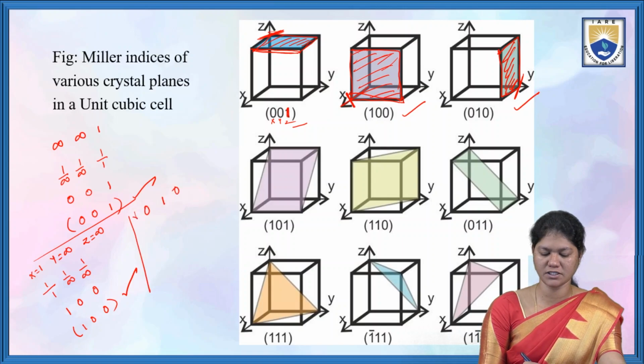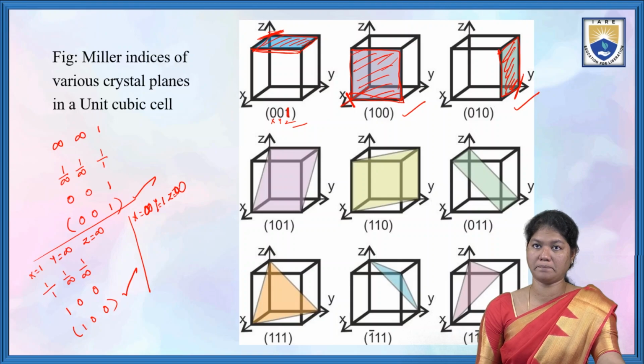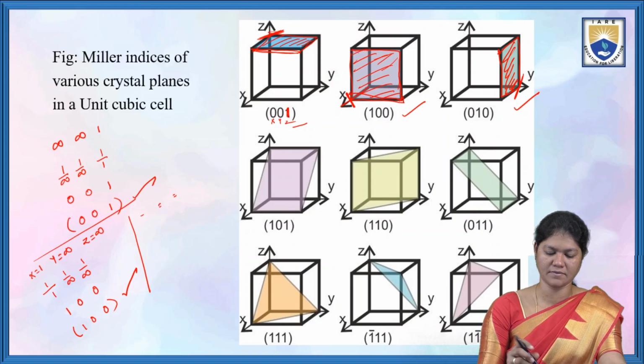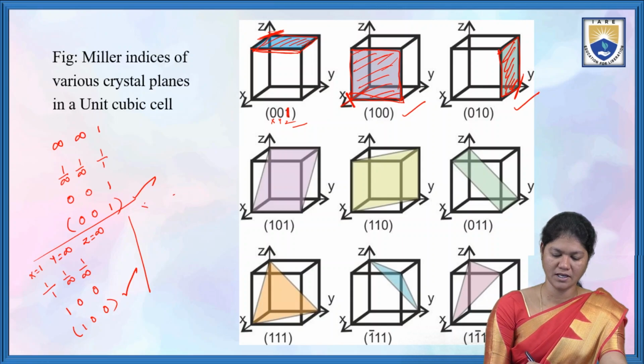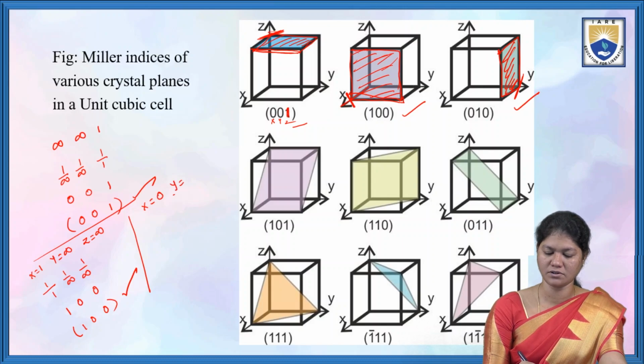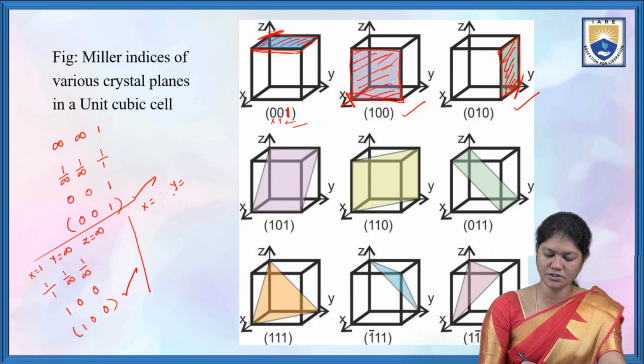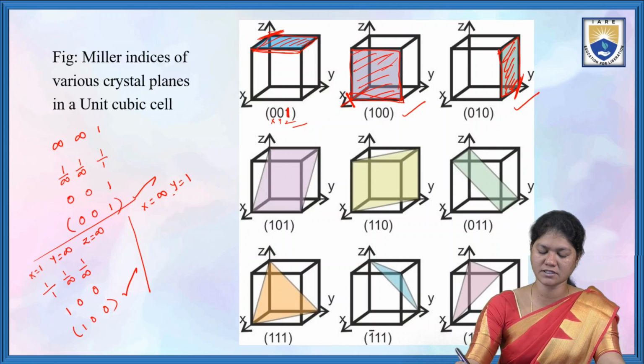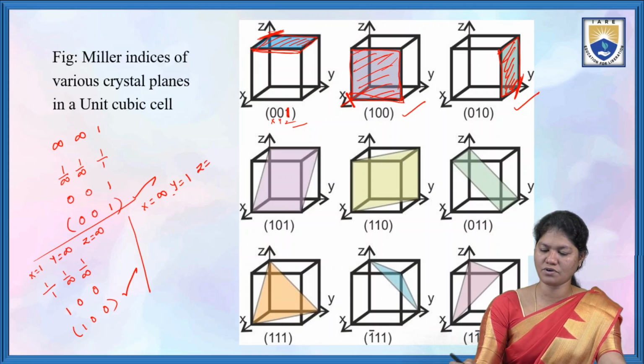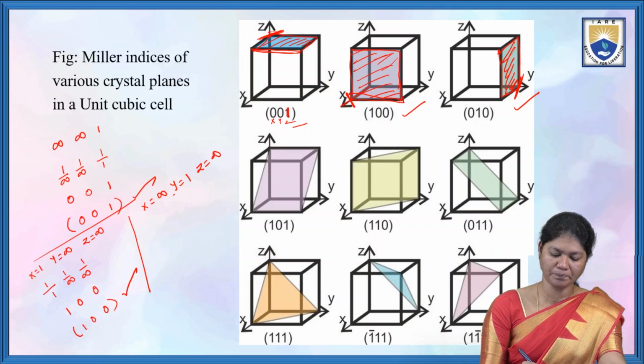X is equal to infinity, Y is equal to 1 because there is an interception on the Y axis, and Z is equal to no interception, so infinity.